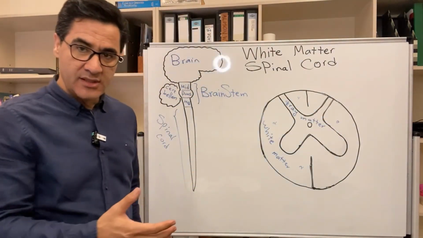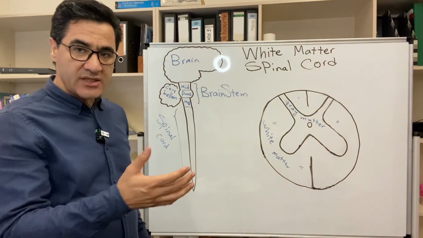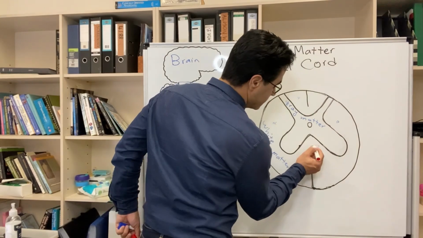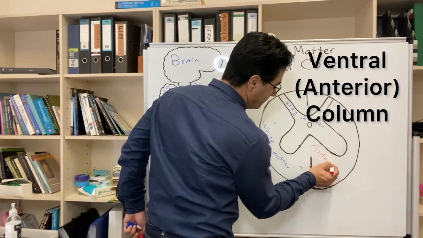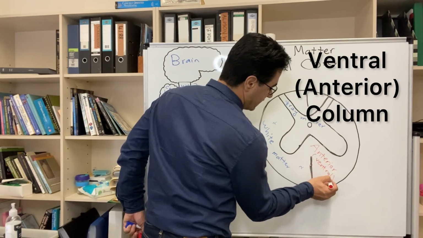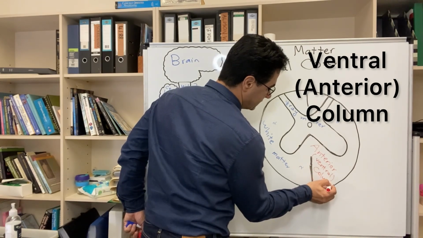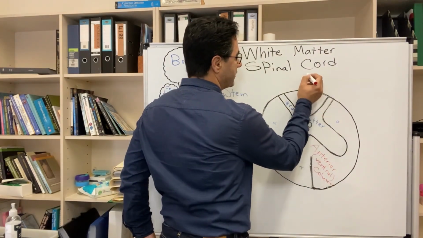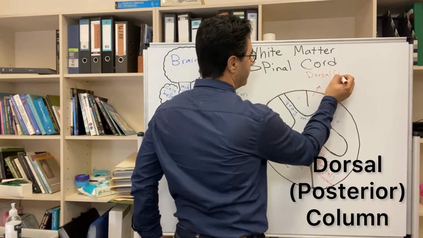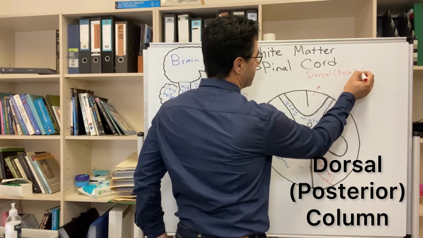White matter contains three columns. Here is known as the column. This is the anterior or ventral column. At the back you can see the dorsal or posterior column.